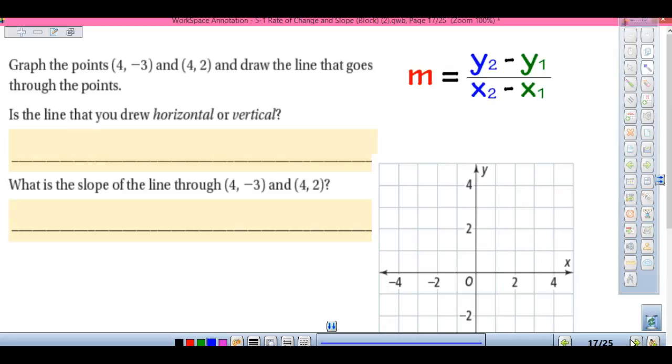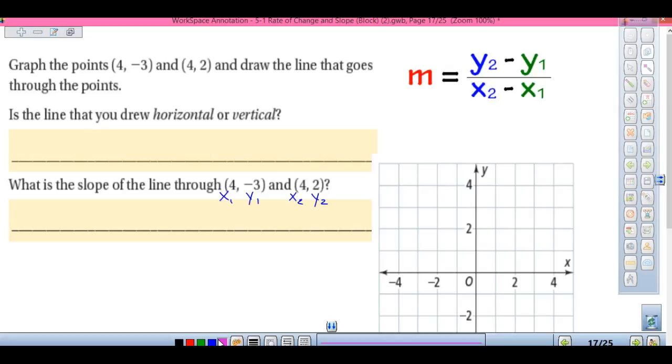All right, so I'm going to take my points: x1, y1, x2, y2. We flipped the page, Dylan.